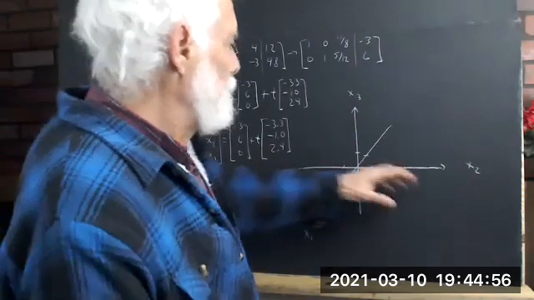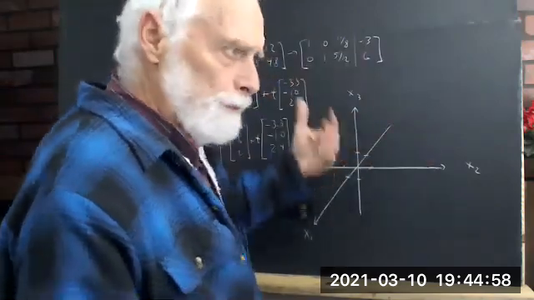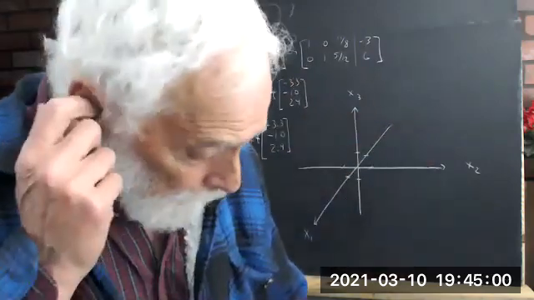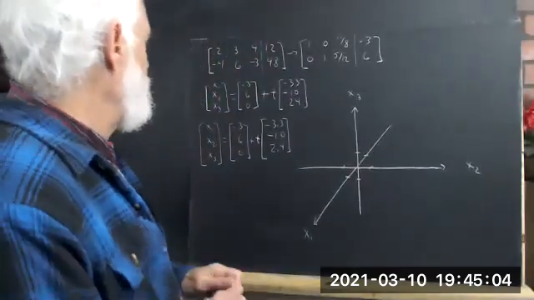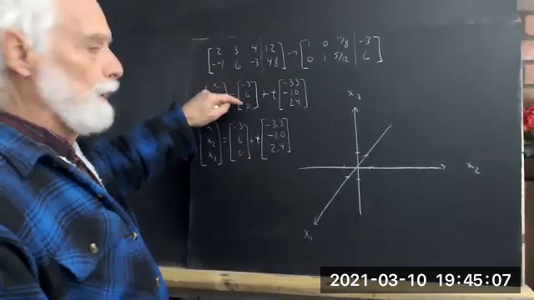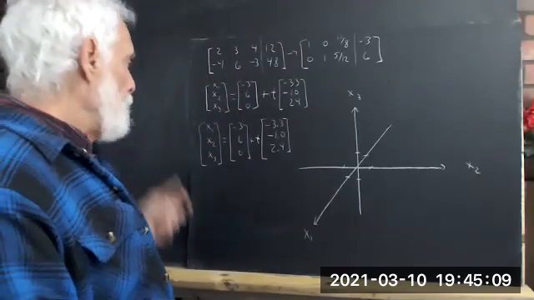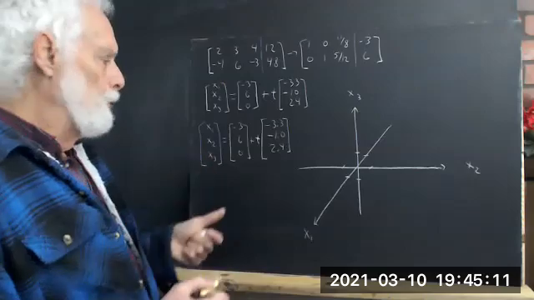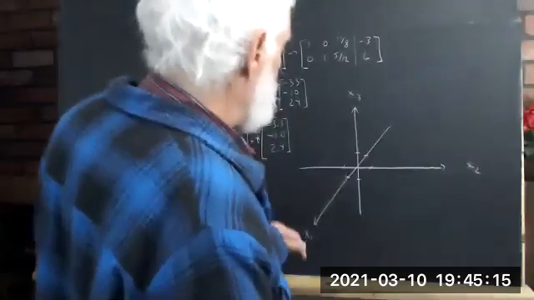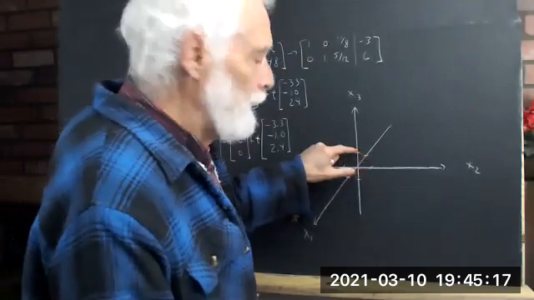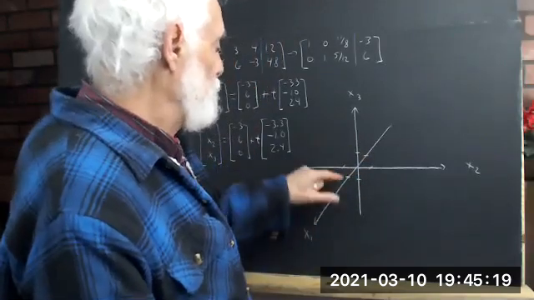Now here I've drawn an x1, x2, x3 set of axes. This vector -3, 6, 0 means that we have a point whose x1 coordinate is -3. Now these little marks I've drawn here on the axes are just unit marks.